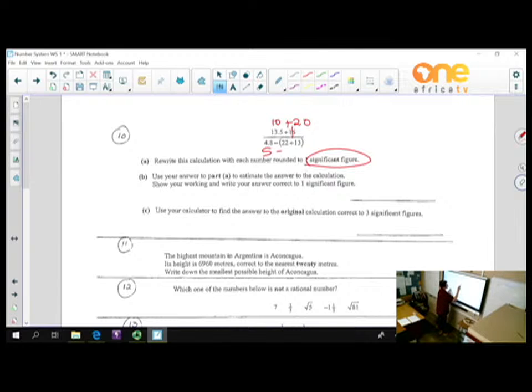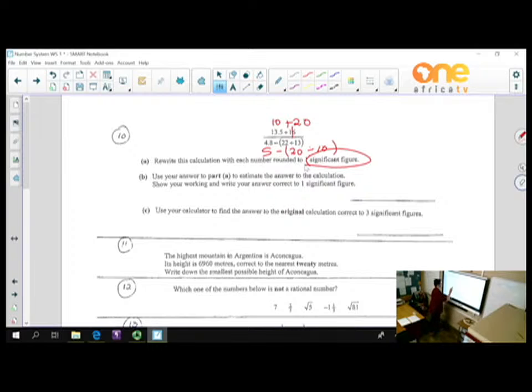Minus 22, so what is 22? 20, because the 2 won't influence it. And then this is divide by, and 13 is then also 10. So that's rounding it to one significant figure.